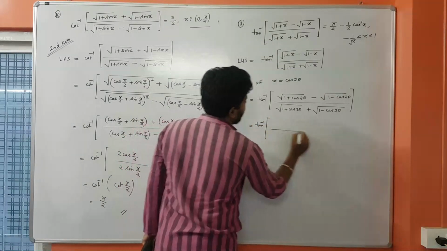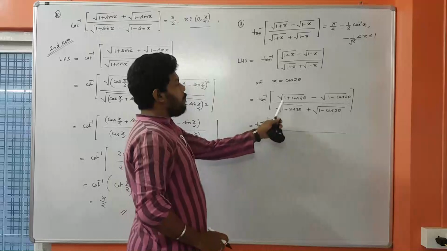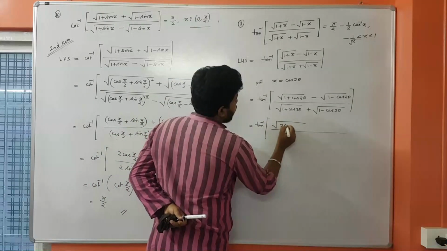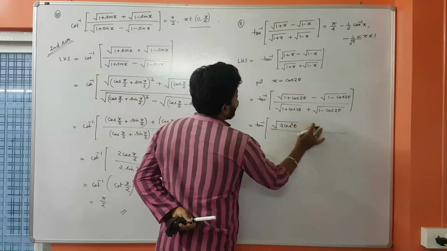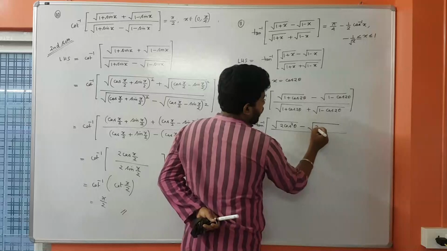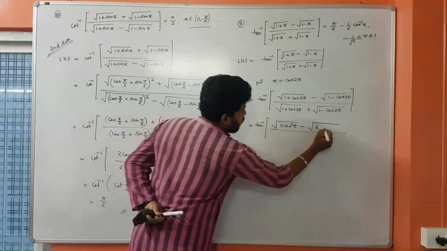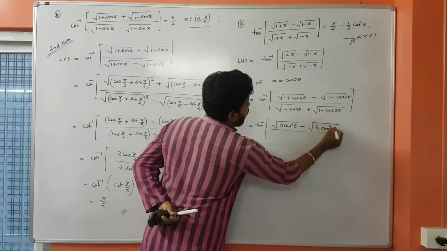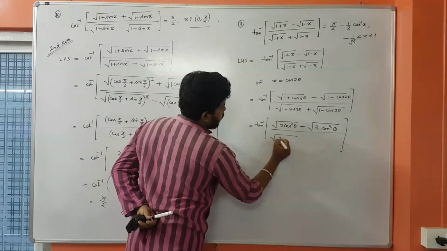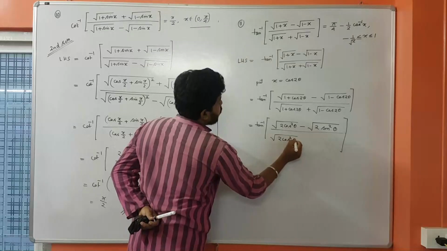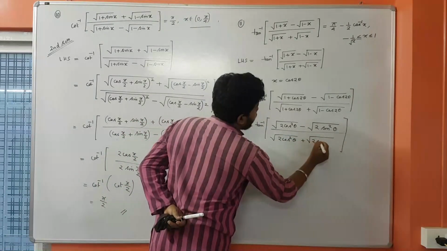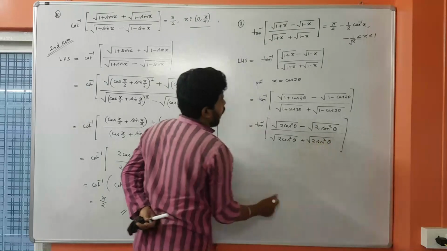Tan inverse. What is 1 plus cos twice theta? This is root over twice cos square theta minus root over 1 minus cos twice theta, root over twice sin square theta, and this is root over twice cos square theta plus root over twice sin square theta.